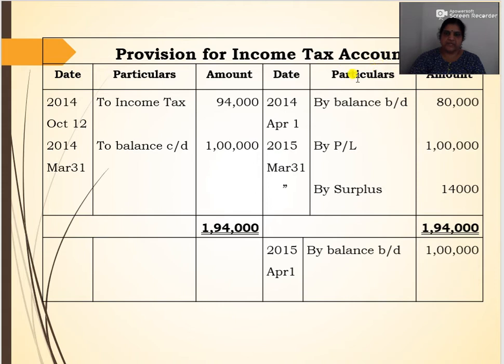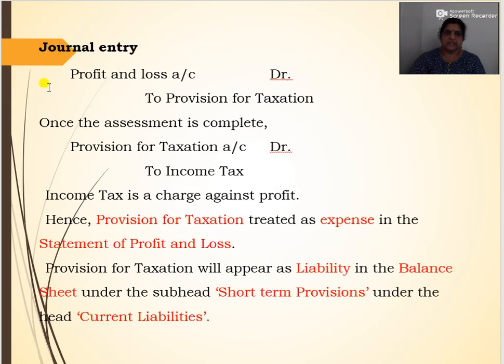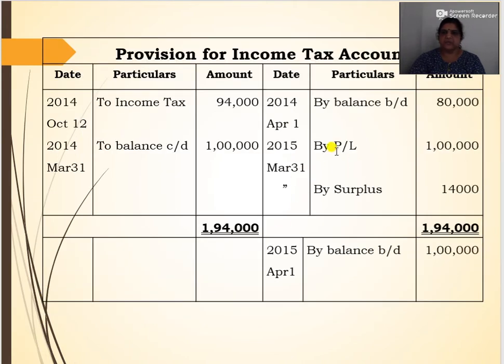So provision for income tax account debit to income tax rupees 94,000. Then again current year's provision, that is rupees 1 lakh. Okay, the company made a provision for the current year rupees 1 lakh. So here the journal entry is profit and loss account debit to provision for taxation. So in provision for taxation account by profit and loss account. So by profit and loss account 1 lakh.